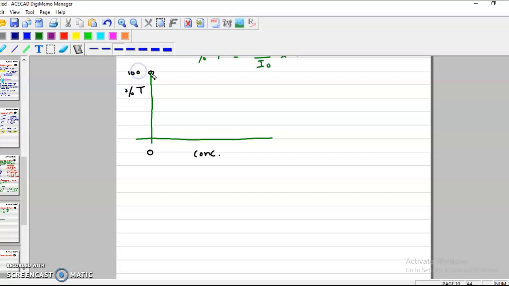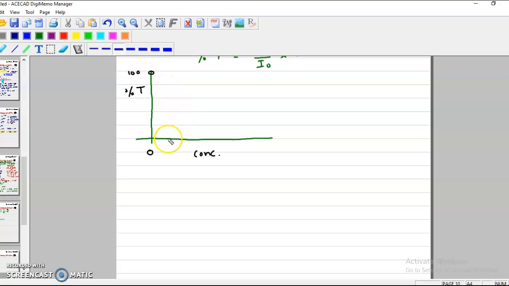Why? Because there is 100% pure colorless liquid. It can be water also. Water cannot absorb any light because there is nothing. So 100% transmittance takes place. So this will be the point.